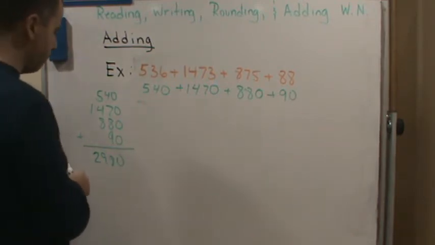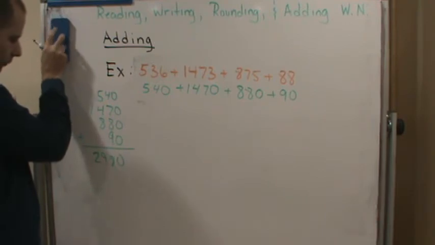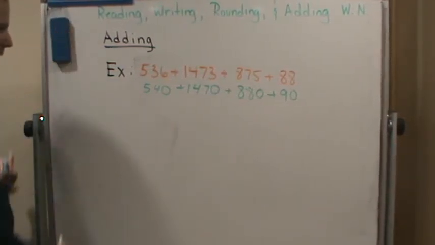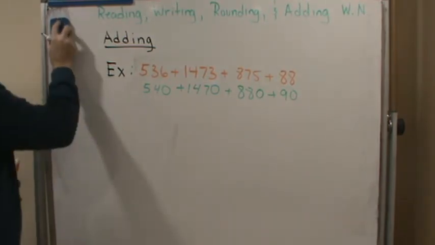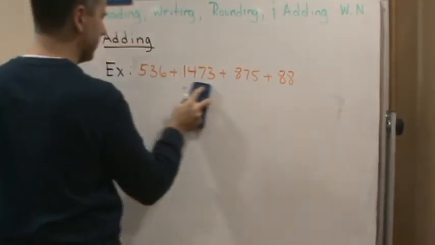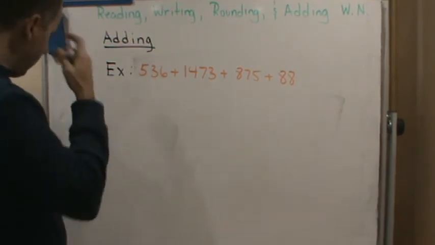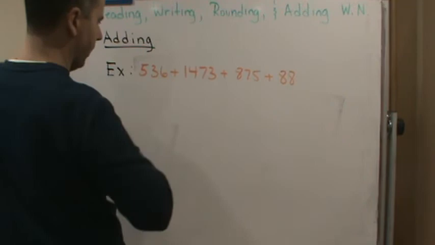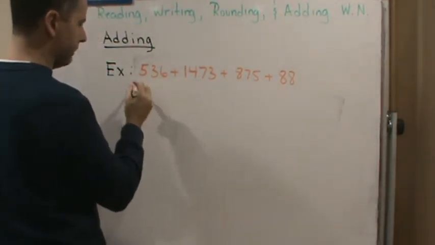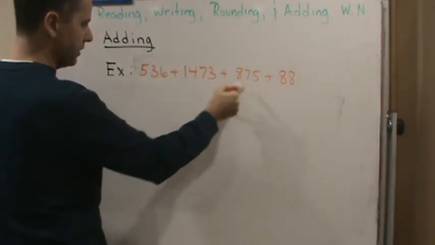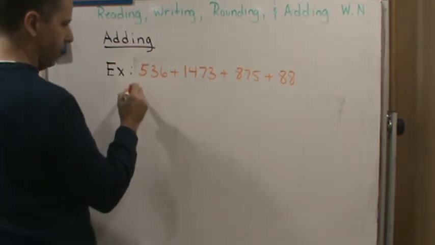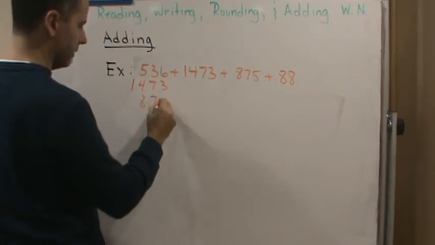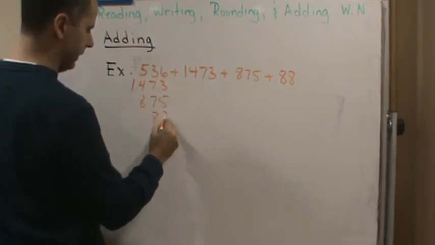Okay, now that we have an estimate in our mind, right? Let's add these. So now I'm going to write these one above each other, right? So I'm going to take these here, I'm going to write them down. So again, line up the ones digits, just like I did with the estimate. So this is going to be 1473, 875, and 88.